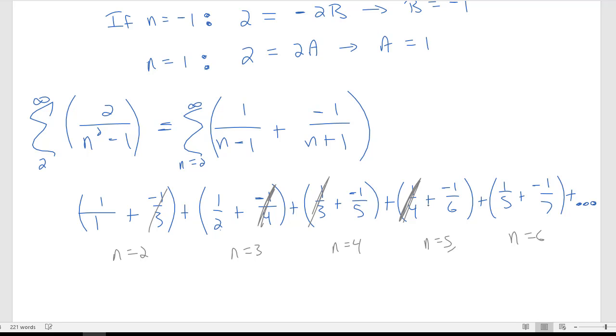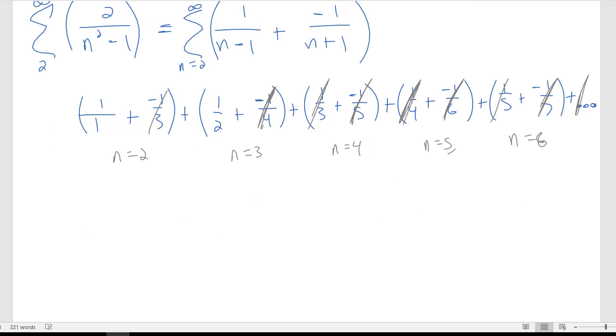And when I look at the n equals 4 term, that last cancels with the first 2 terms later. The same for n equals 5 and n equals 6. That cancellation pattern is going to continue forever and ever.